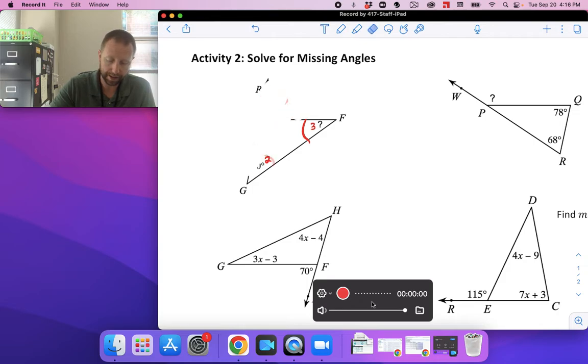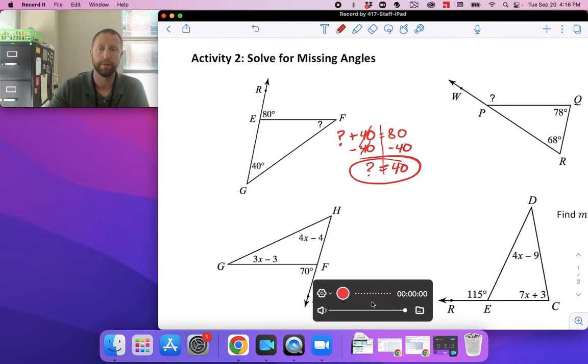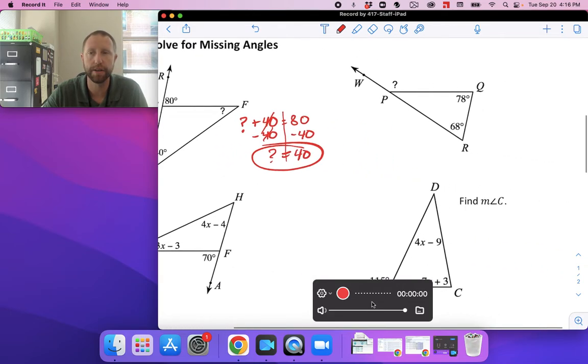I've got, in this case, a question mark plus the 40-degree angle has to equal that exterior angle of 80, right? So if I solve this just like we've solved every other equation, how do I get the question mark by itself? I do the opposite. I'm showing that the question mark is equal to 40 degrees, which some of you probably already figured out before I did this in the video, okay?